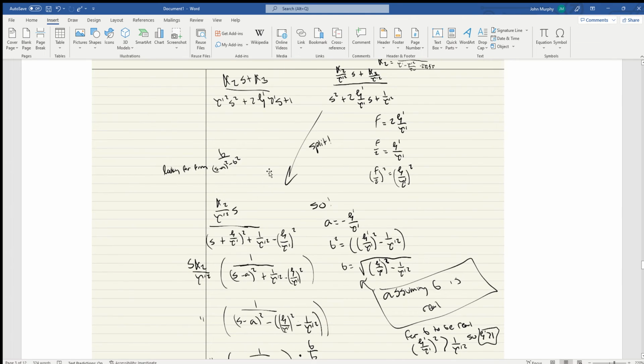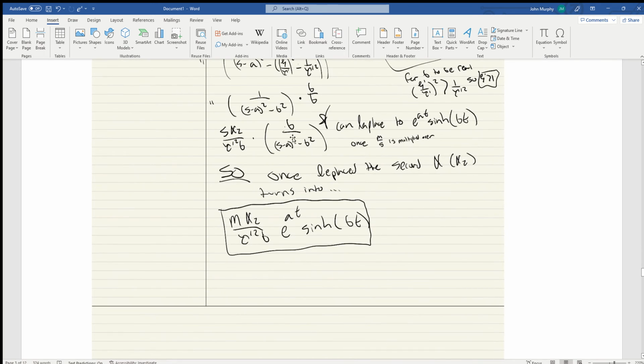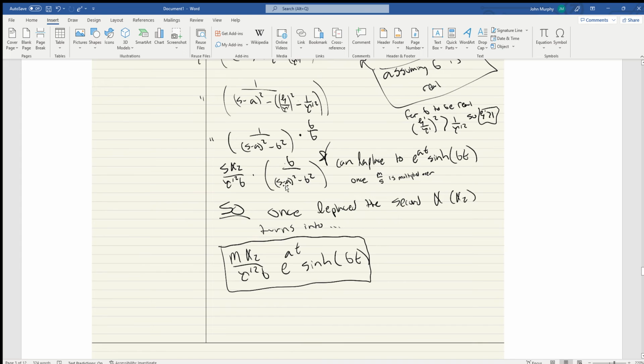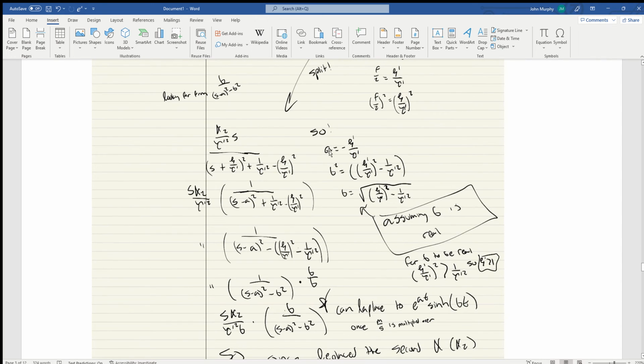I start with the second part because I want to tackle the hardest part first. I knew I wanted to be in this final form of b over (s minus a) squared minus b. So I used the difference of squares, and that allowed me to find a equal to negative zeta prime over tau prime, and then b equal to the square root of (zeta prime over tau prime) squared minus (1 over tau prime) squared.